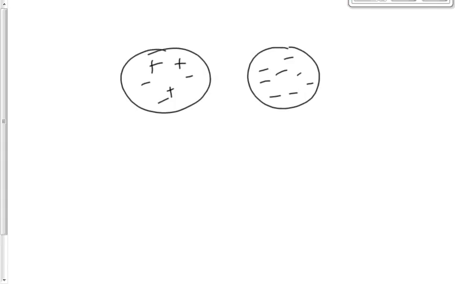What happens to the negatives? Look at what happens to the electrons. Good, they get pushed to the other side, repelled by that negatively charged object. So instead of having an evenly distributed bunch of electrons to give me a neutral object, I've still got a neutral object, but a separation of charge where one side has more negatives, the other side has more positives.